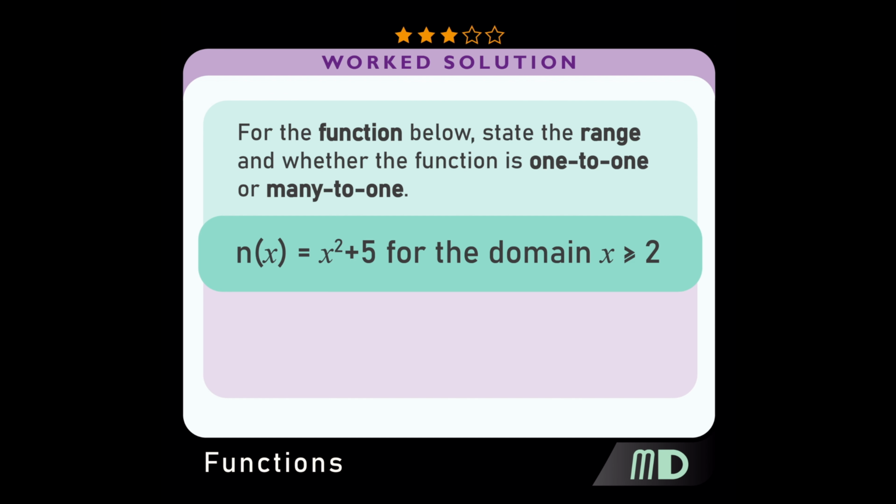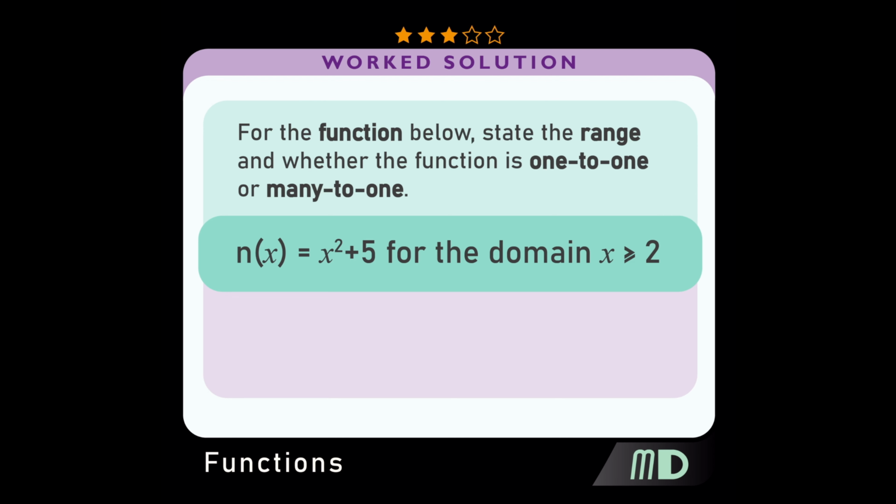The domain and range of a function define the set of possible input and output values for a function. The domain represents the set of all possible input values for which the function is defined. The range is the set of all possible output values.